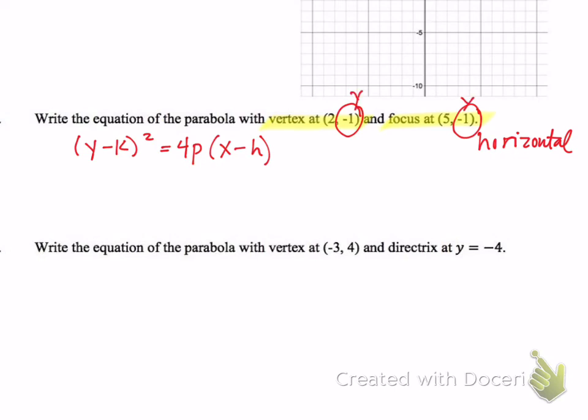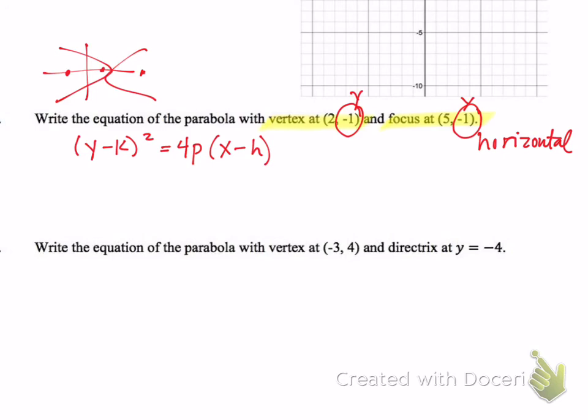If I had a graph and the focus and the vertex were on the same line, it would be something like this. It would be horizontal because they're all on the same line. That's a poor drawing, but you get the gist that they're on the same y line. So if the y's are the same, it's a y squared, which means it's horizontal. If the x's are the same, it's an x squared, and it's vertical.